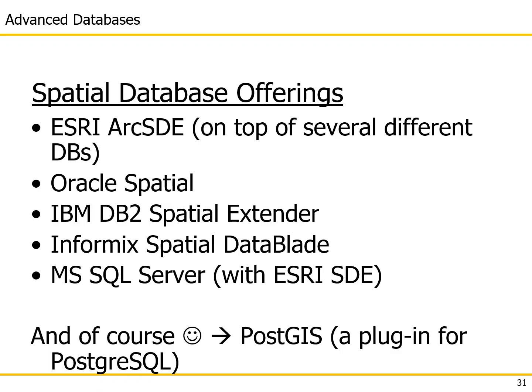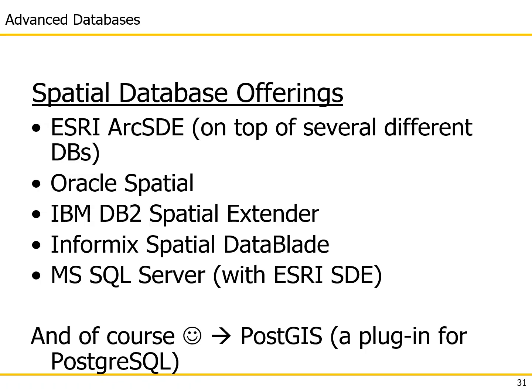So what you need to look for is an extension for the database that you are using that adds to the database spatial data types and spatial functions. So for example, if you're using Oracle, you're going to go and download something called Oracle Spatial, which is an extension to the Oracle database that gives you the spatial data types and the spatial functions. If you're using Microsoft SQL Server, you download something called ESRI SDE, and this is the most popular one. This is by a separate company. It's an extension to SQL Server that adds spatial data types and spatial functions to SQL Server.